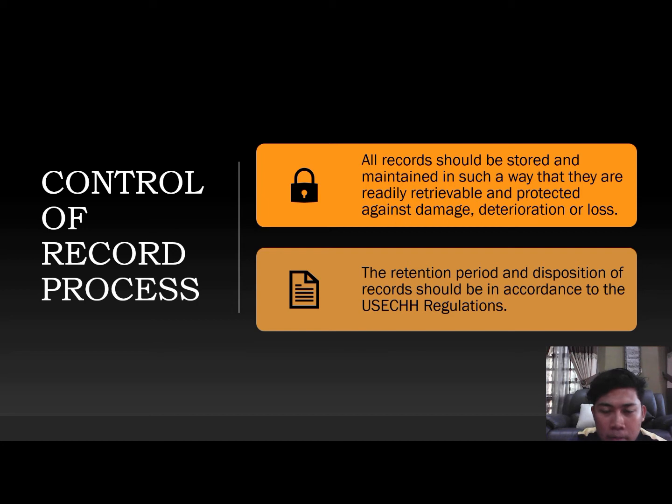Control of record process. All records should be stored and maintained in such a way that they are readily retrievable and protected against damage, deterioration, or loss. The retention period and disposition of records should be in accordance with the USECHH regulation.